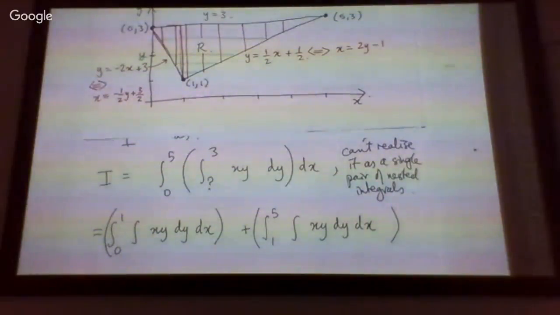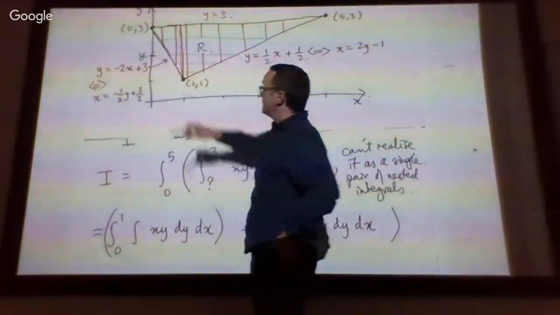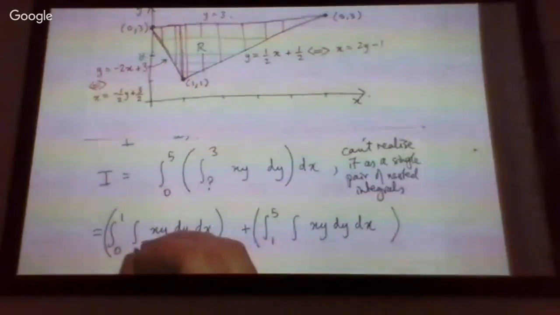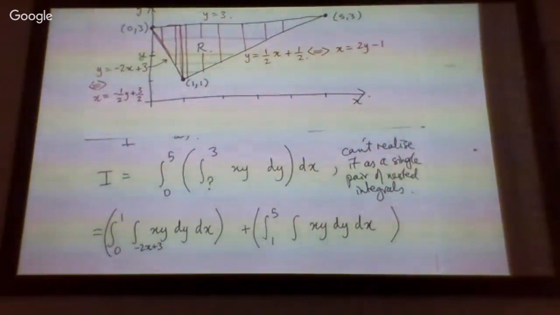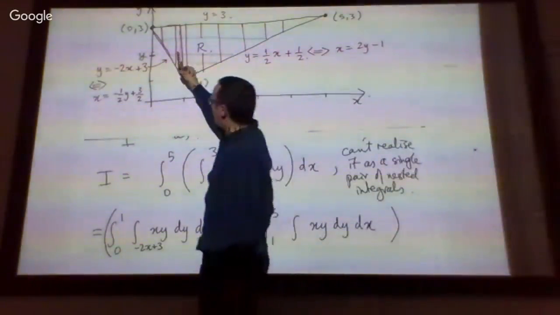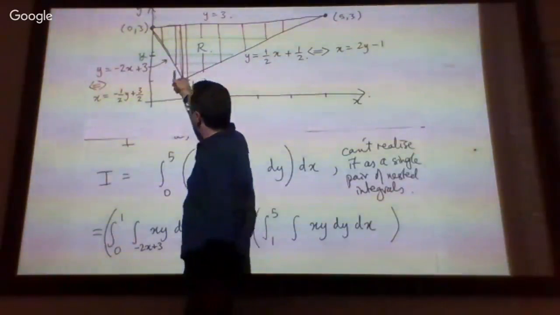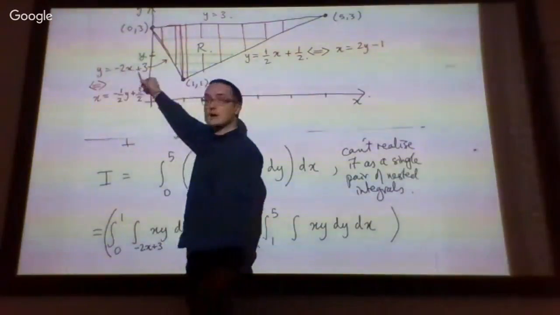And now there's no problem with filling in the y limits. When x is between 0 and 1, the red vertical strips are beginning at the value minus 2x plus 3. Remember, that's a value for the y coordinate, located at a particular x coordinate. So at this value of x, the red vertical strip has to begin at this point over here, which is minus 2x plus 3.